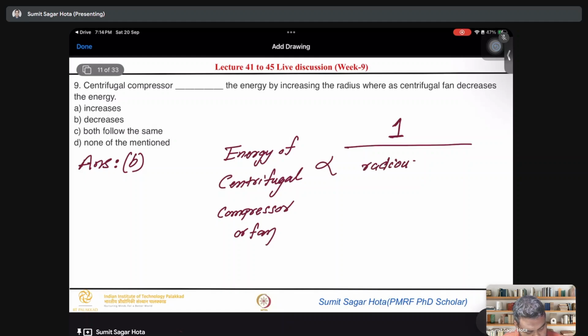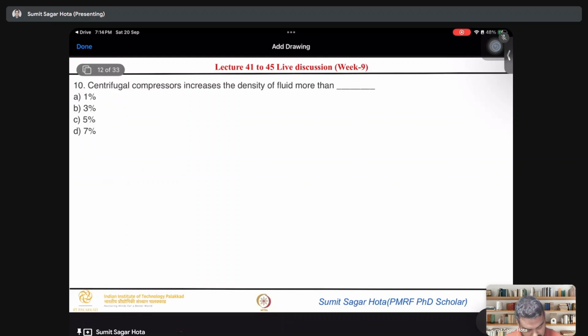Okay, what is next? The centrifugal compressor increases the density of fluid more than dash.